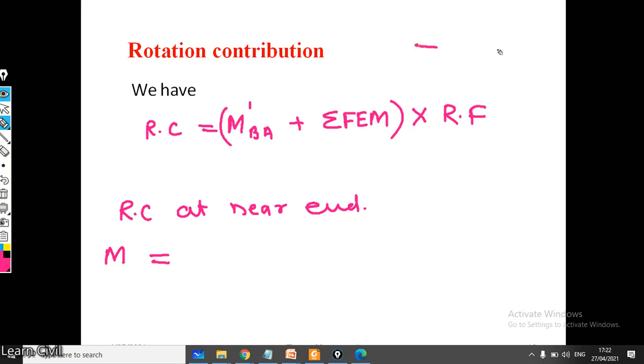Let us consider some portion of a beam AB like this.